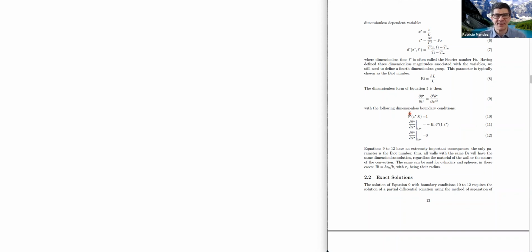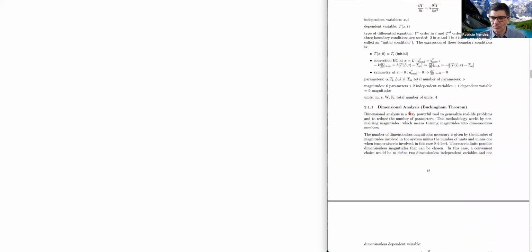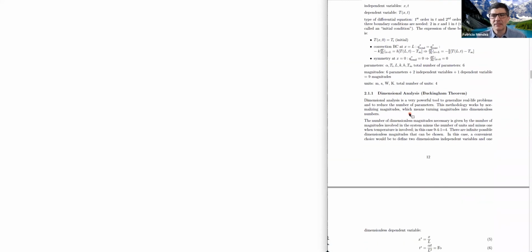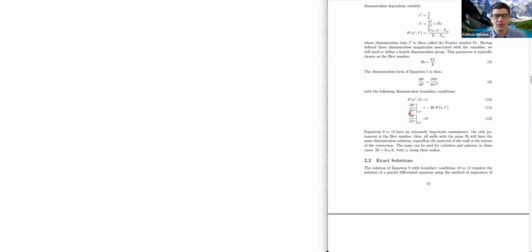That theta depends on two independent variables, that is x star and t star, that correspond to space and time as before. But the problem before had, how many was it? Six parameters. Now we have only one parameter, that is the B-odd number.